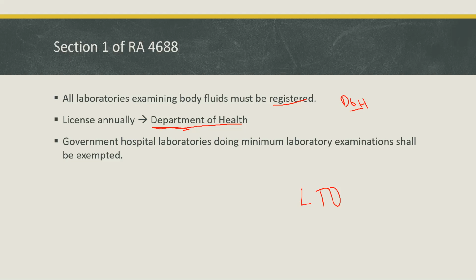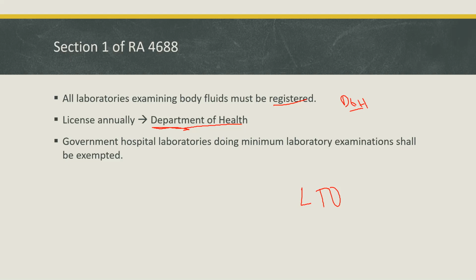However, these are minimal, as most government hospitals are performing tertiary laboratory examinations, or their capacity is tertiary. So there are only a few government hospitals, perhaps those in depressed areas, that have minimum laboratory examinations.